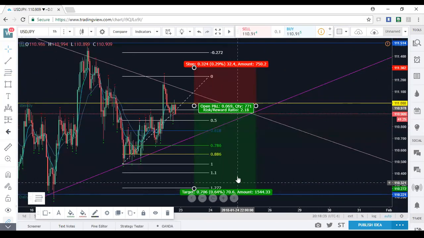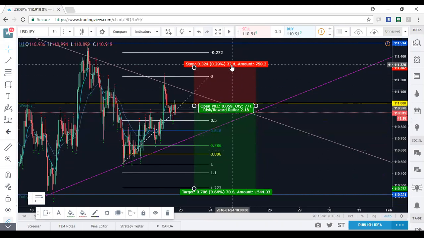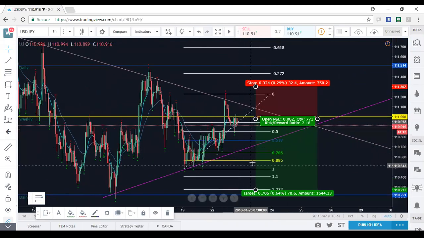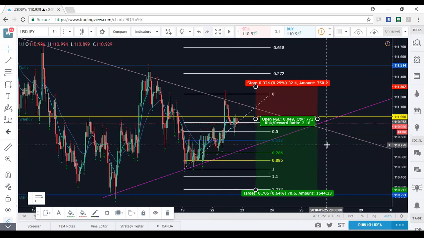It's at 70 pips, 30 pip stop loss. All right. So that's one setup.